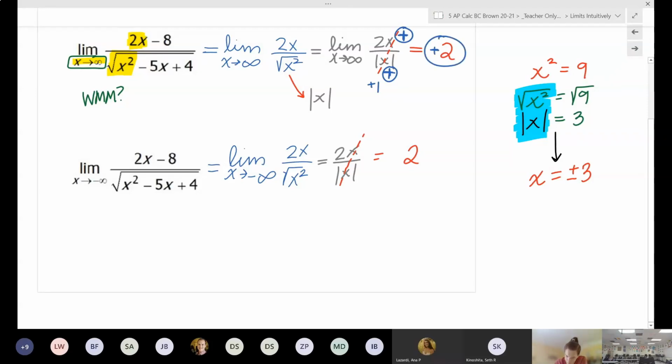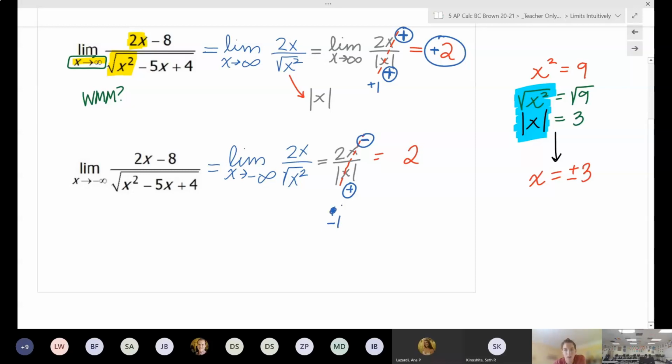That changes if I'm going towards negative infinity, because if I'm going towards negative infinity, the absolute value itself is still positive. But this numerator, if x's are going towards negative numbers, then 2 times x is actually going to end up being a negative number. So when those x's cancel, they're actually going to become not a positive 1, but a negative 1.